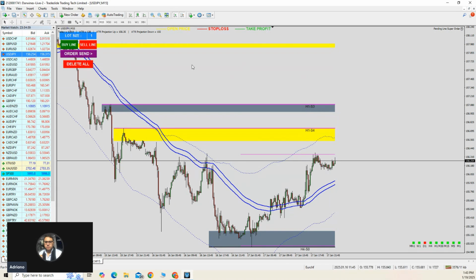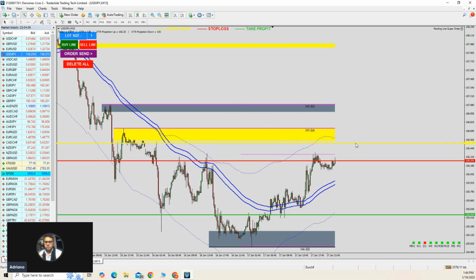But because sometimes I don't like to sit in front of the computer, I like to place a pending order, and the way that I do it is just like this. If I'm planning to sell on this zone here, I just place the sell.